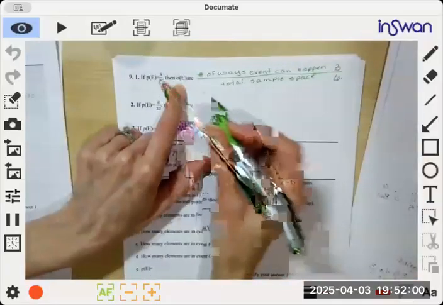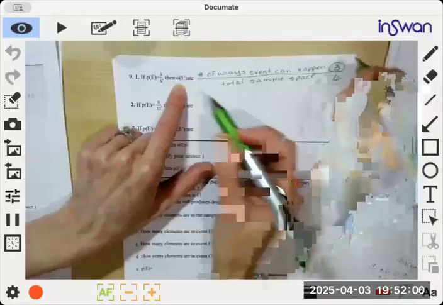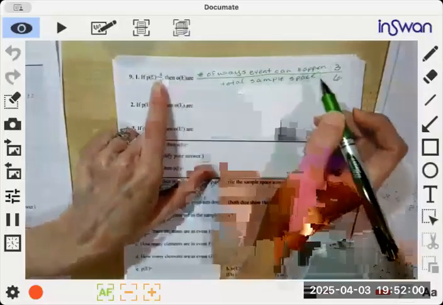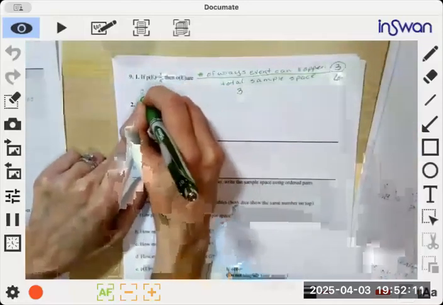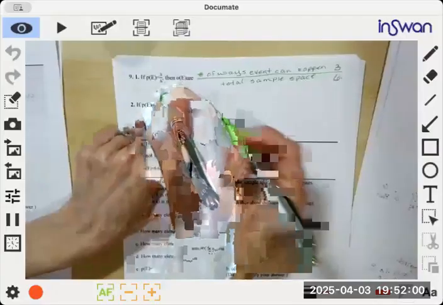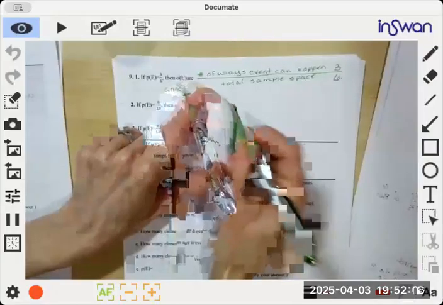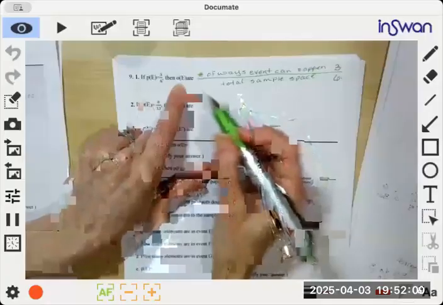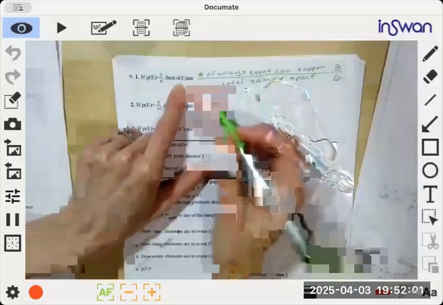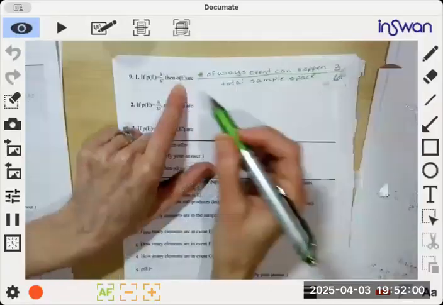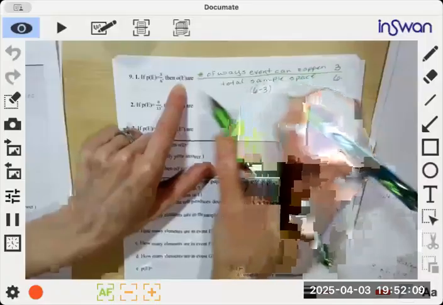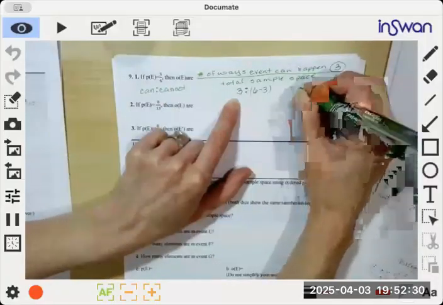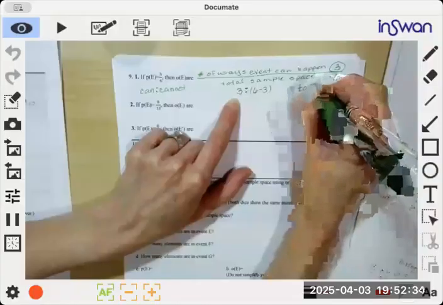I was getting ahead of myself here. So that means the odds, we're going to keep that 3. There's 3 ways the event can happen, and odds are the ways it can to the ways it cannot. It can happen 3 ways, and it cannot happen our sample space minus that 3. So this is 3 to 3.